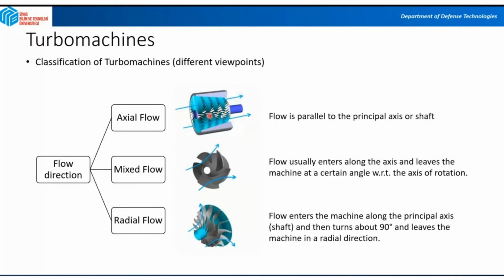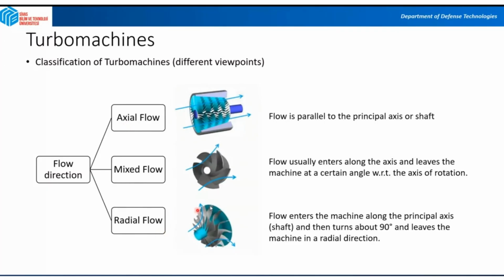This blue one in the middle is the shaft of your turbomachine. So this is a kind of axial compressor in here. You can see it. Flow comes inside and leaves the turbomachine parallel to the shaft, so we call it an axial flow.